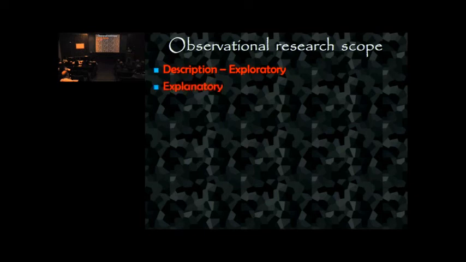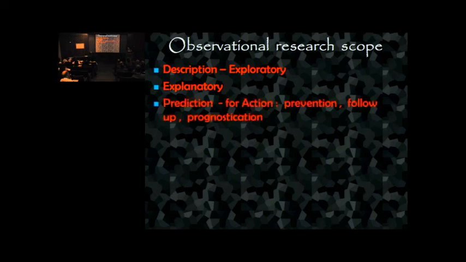The next level is the explanatory research that we are much accustomed to, in which we have some kind of hypothesis to be tested. And then it comes to prediction. That is the main objective, because we want to plan the treatment, we want to plan the follow-up, and we want to provide the prognosis. And that needs prediction research.